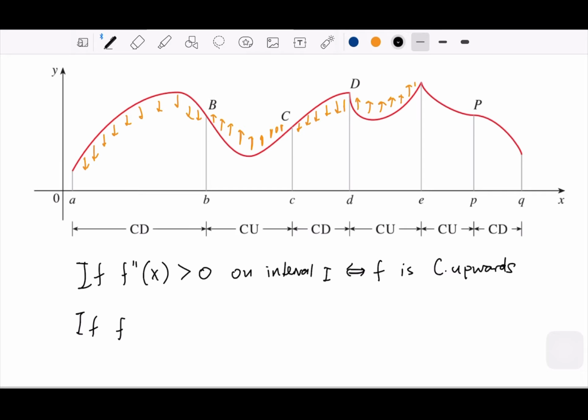And if the second derivative is negative, concave downwards.